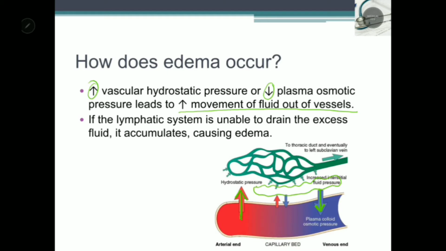Now, if the lymphatic system, which is responsible for moving this fluid back into the circulation, is somehow unable to drain this excess fluid, the fluid is going to stay accumulated inside the interstitial spaces, and this is nothing but edema. That is how edema occurs.